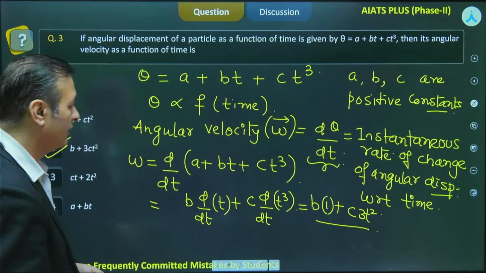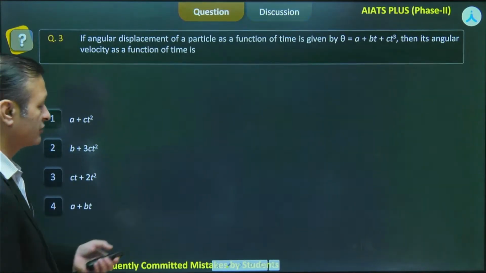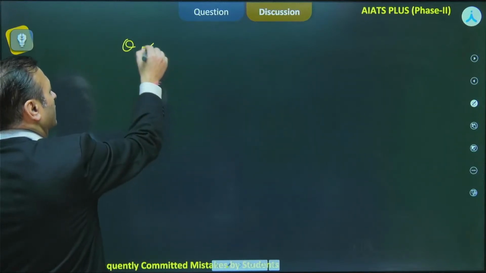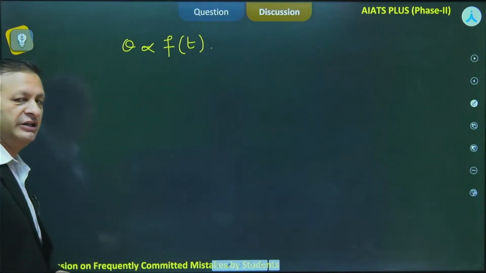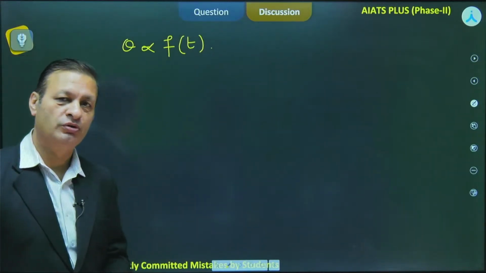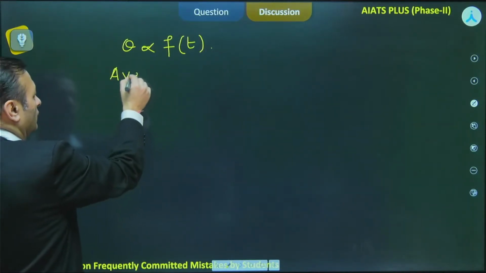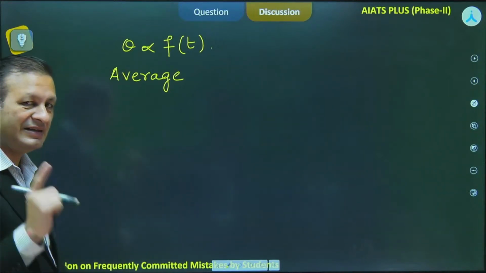I would like to add one more concept based on this, as a generalized concept. We know theta is a function of time, theta varies with respect to t. Earlier we understood the concept of instantaneous rate.